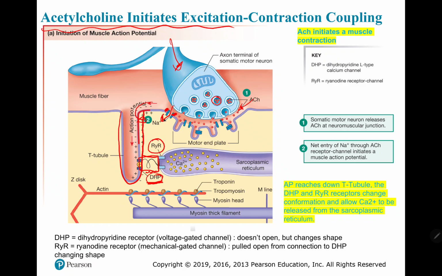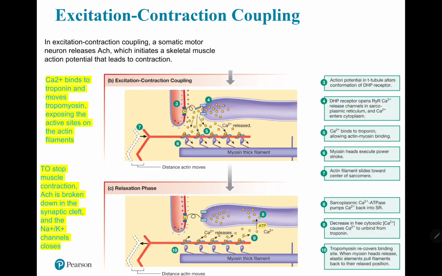And once that ryanodine receptor is open, as you can see within this sarcoplasmic reticulum, calcium will then get out into that sarcoplasmic space. Okay? And once calcium gets out, calcium will bind to troponin. Because troponin is physically connected to tropomyosin, when calcium binds to troponin, troponin undergoes a conformational change, thus changing shape.